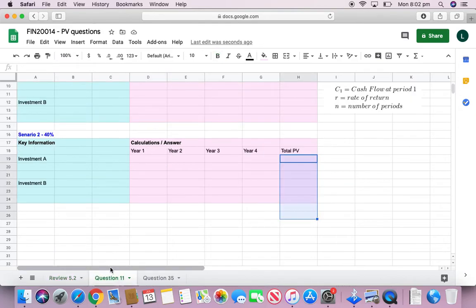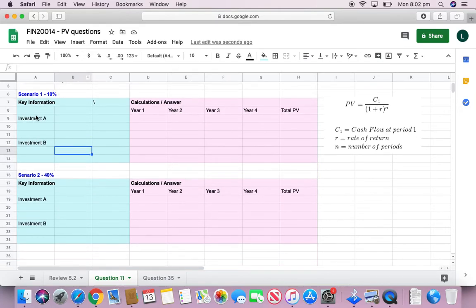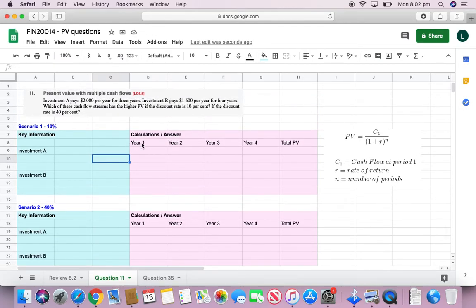So let's move to question 11. Let's bring it to the top. So here is our question up the top. We've got two scenarios here, and I've just created this table to make it super easy for you to calculate. In the exam, if you're required to calculate anything like this, it might be a really great idea to use tables, so it's really clear for yourself, so you can follow your own workings, and also for the marker.